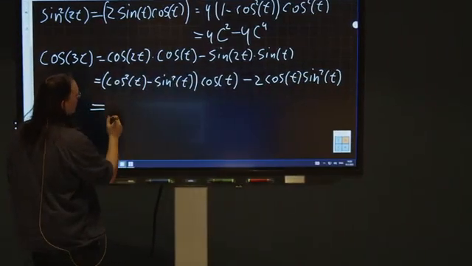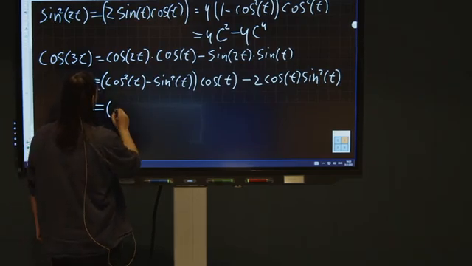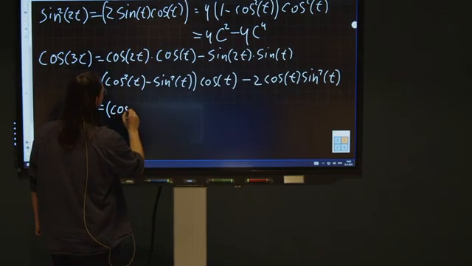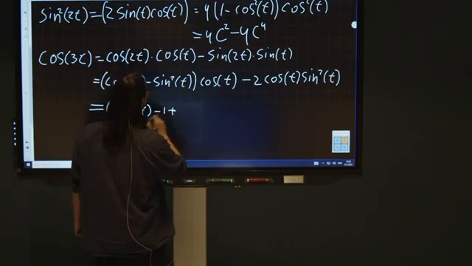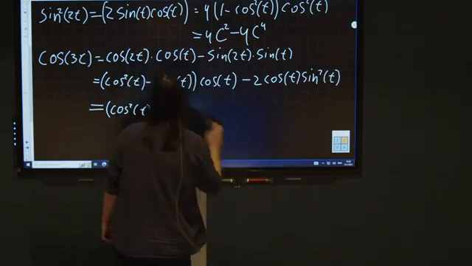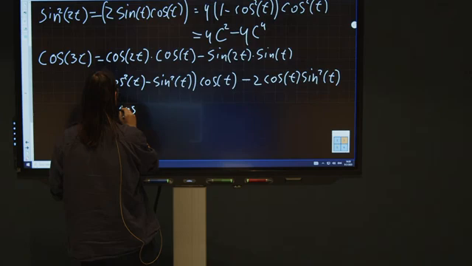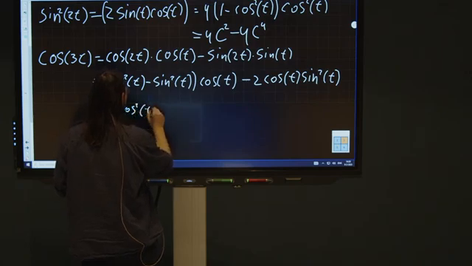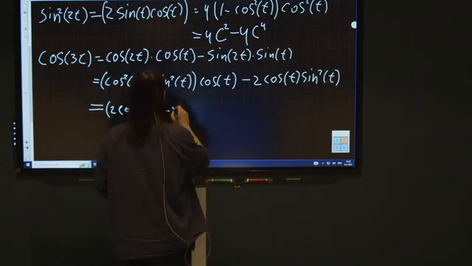So that here we get, right, so we get here cosine squared minus 1 plus cosine squared. Well, that's 2 cosine squared. Minus 1.